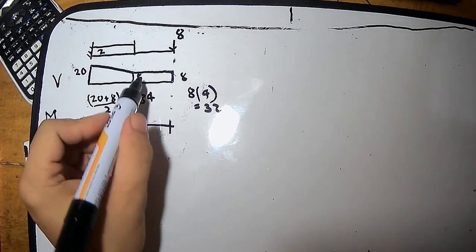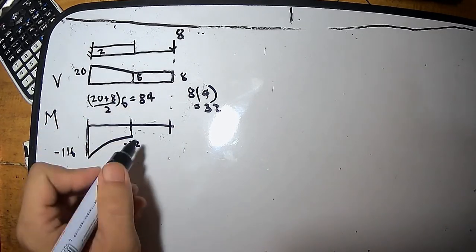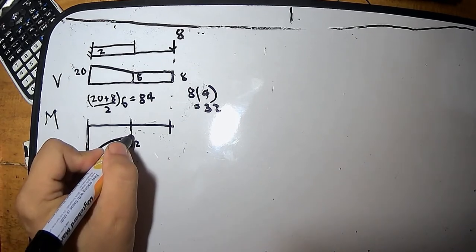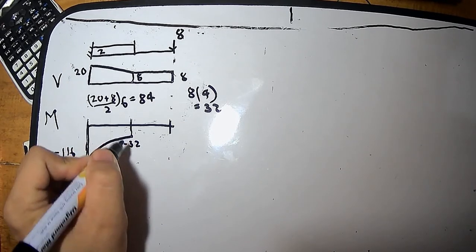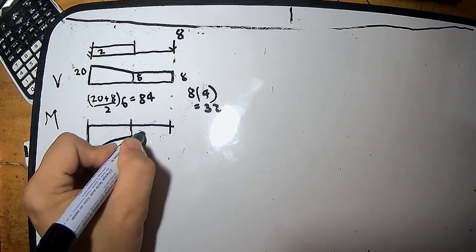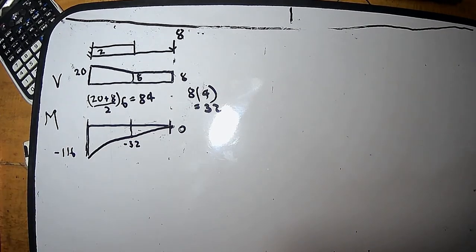Since this is horizontal line, the area is 0, yung line mo naman dito magiging first degree. Okay, so negative 32 plus 32 will give you 0. Okay, so dun siya mag-intercept. 0. So yan ang moment diagram.